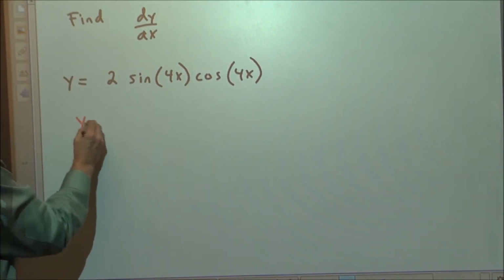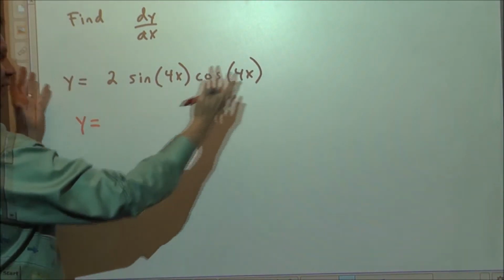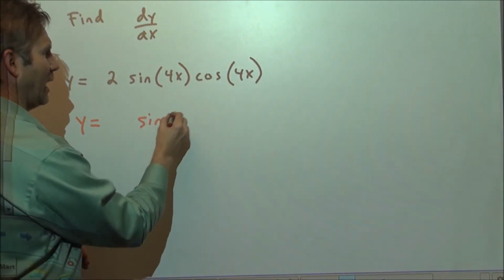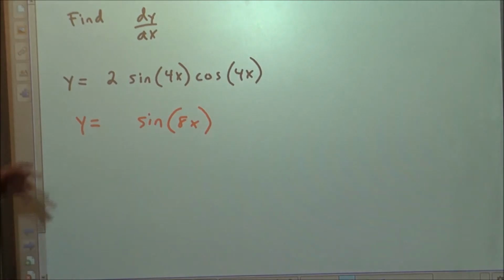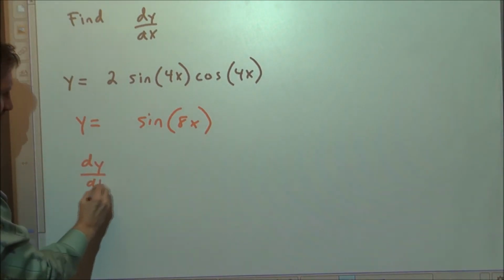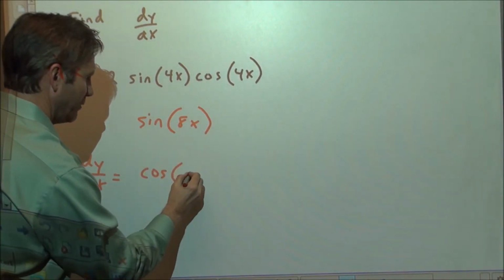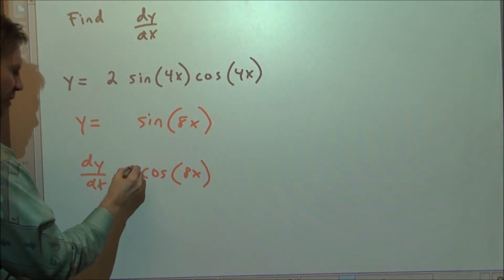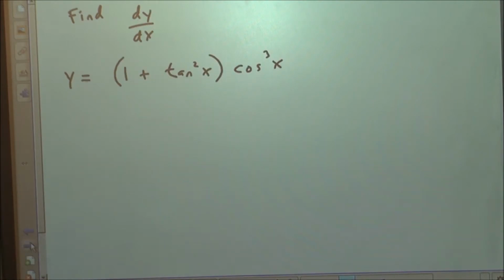So we say, all right, we can simplify this by saying that all this would be the sine of double whatever that common angle was. So we can go to that right there, and we'll be able to use again the chain rule on that and get that the derivative of y with respect to x would be the derivative of the sine of that angle multiplied by the derivative of the function inside, so it'd just be 8 cosine of 8x.